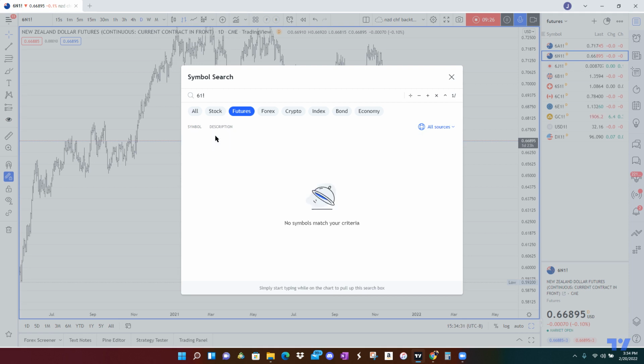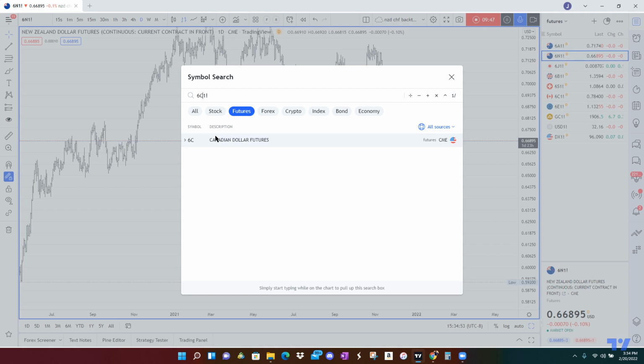I do the current contract. 6S is the Swiss franc. 6B is the British pound futures, right? As you guys can see, they line up pretty well.